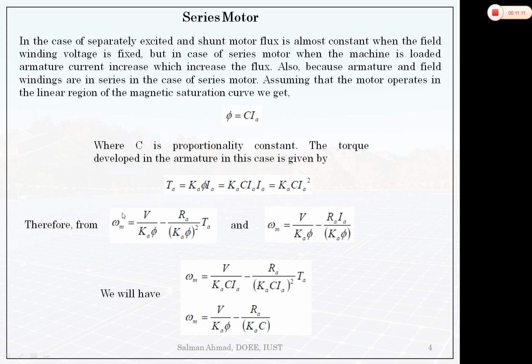Therefore the basic speed torque equation is speed equal to V upon K phi minus Ra upon K phi square times torque. In terms of armature resistance, the speed equation is this. If you substitute the flux value in these equations, we get these equations for the series motor.